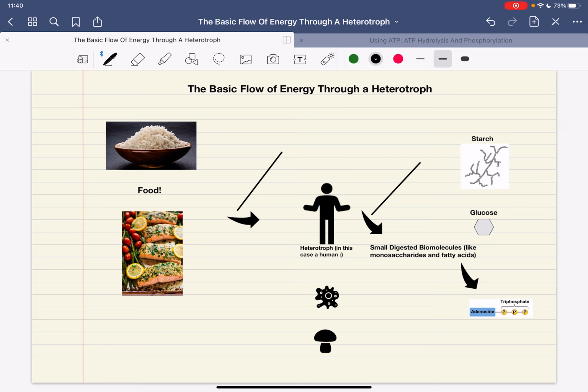Where do you get the energy to move? Where do you get the energy to communicate, to respond to the environment, to grow? Okay? So we're trying to understand the flow of energy through your body. And the first step in that process is to consume food. You have to eat.